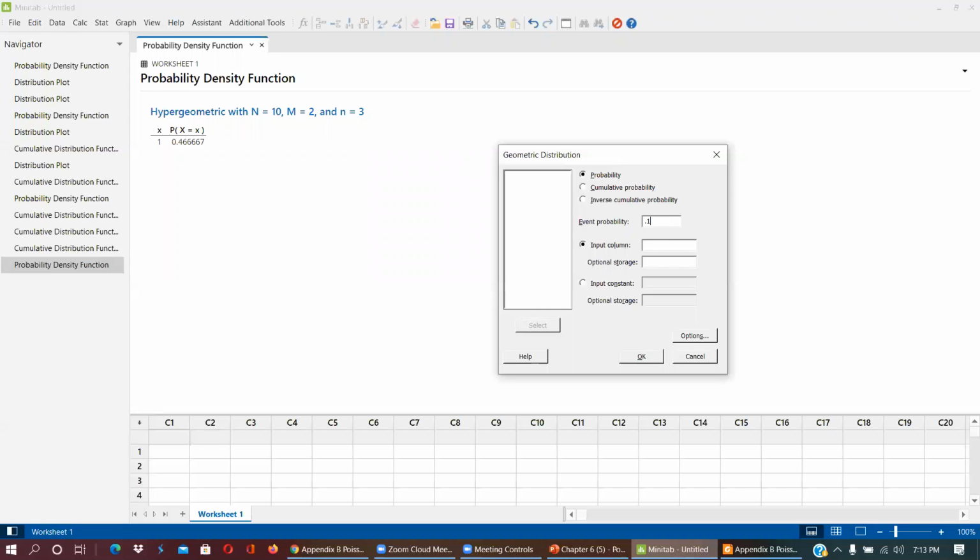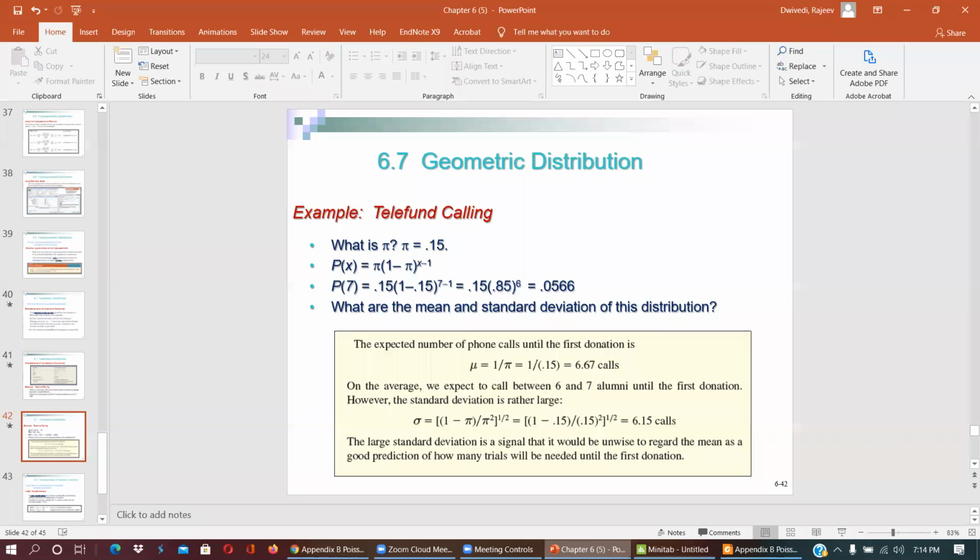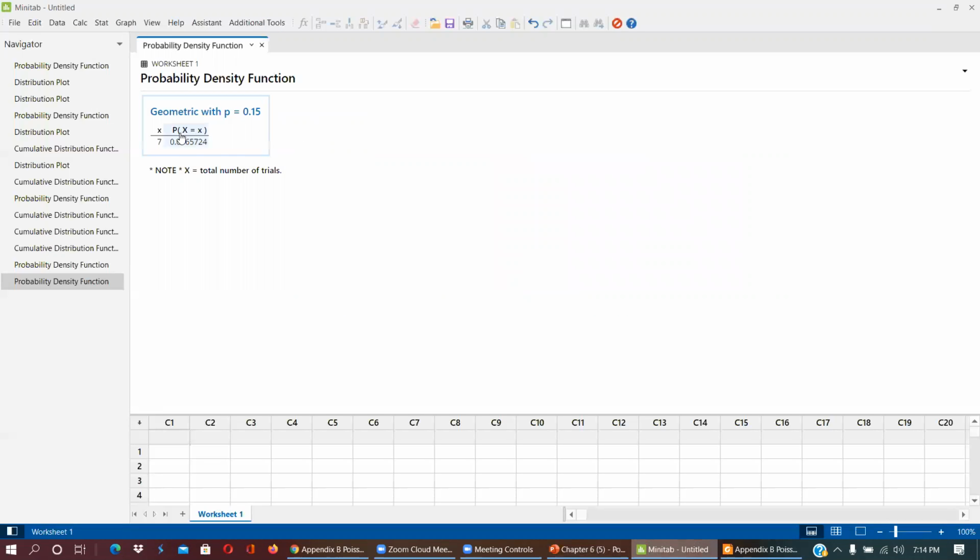So 0.15. Input constant is 7. And look into this. What is the 5, 6? So on the 7th call, they will donate with probability 5.66%. So this is exactly what we are getting here.